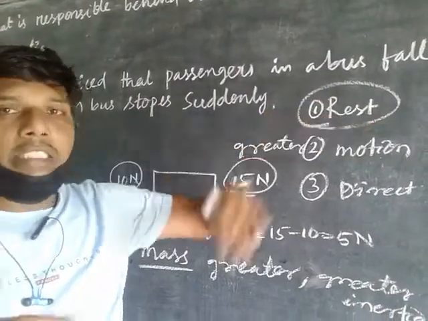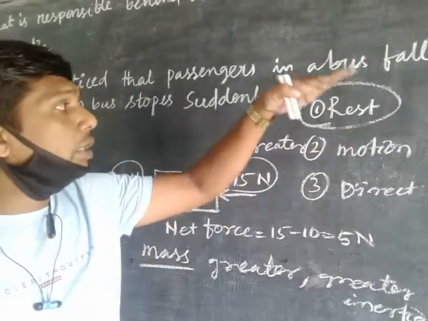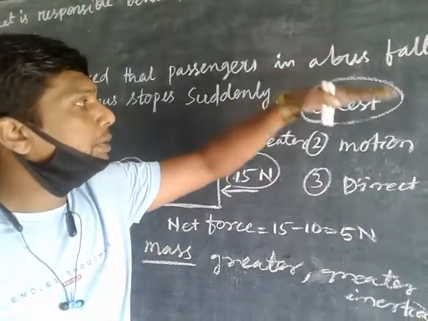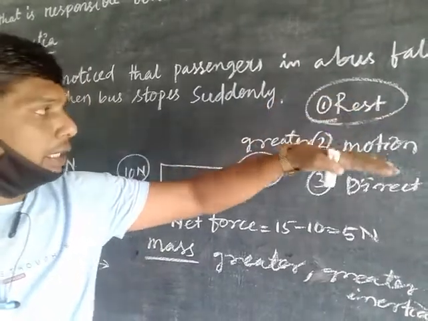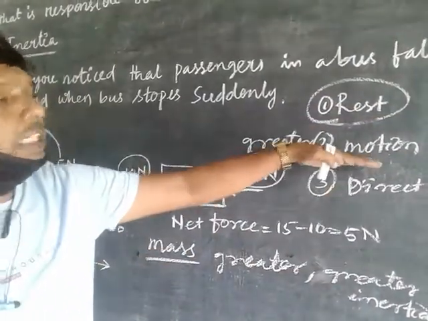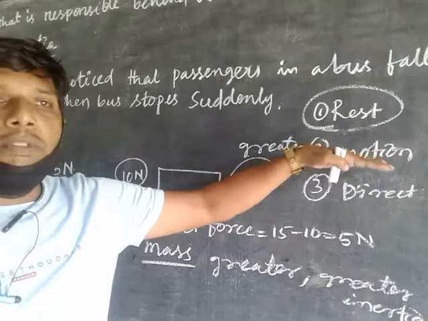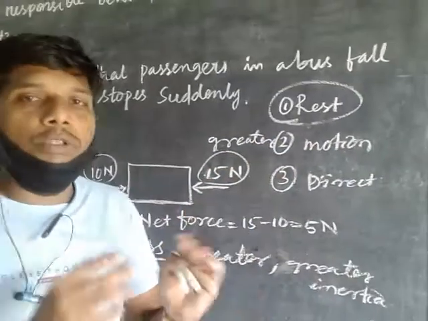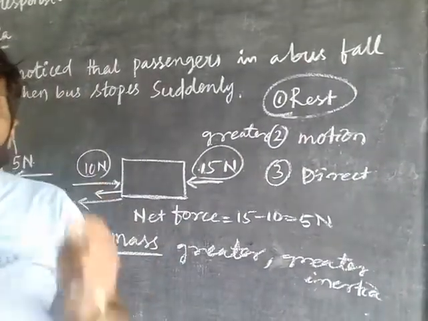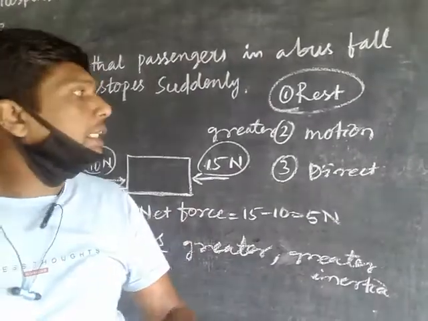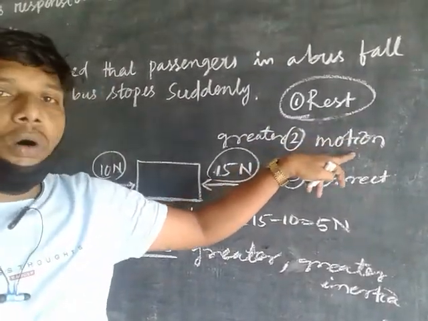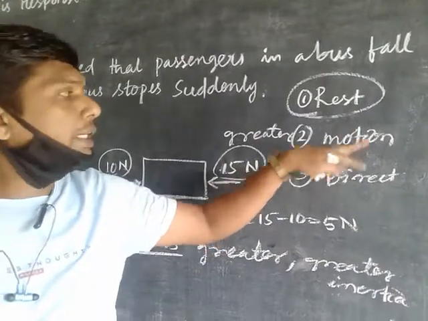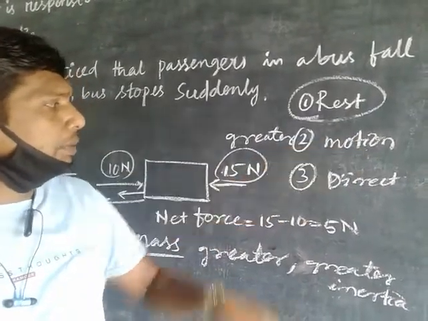That means by itself it is not able to change its state of rest. That is known as inertia of rest. Inertia of motion means: suppose the body is moving, at that time the body is unable to change its state of motion on its own. Then it is known as inertia of motion.